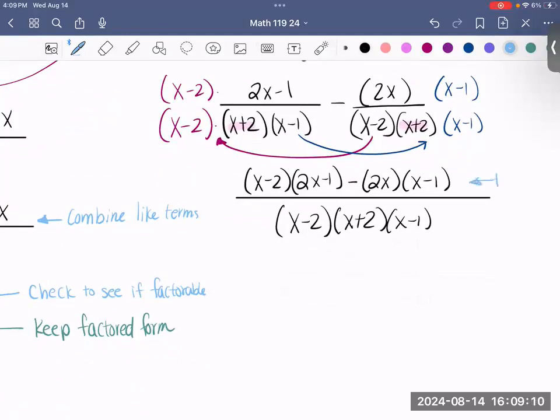We're going to FOIL to get 2x squared. Let's see. So sorry, 2x squared minus, where am I? So sorry, plus x minus 4x plus 1, no, plus 2. So that's on one side, minus 2x squared plus 2x on the other.